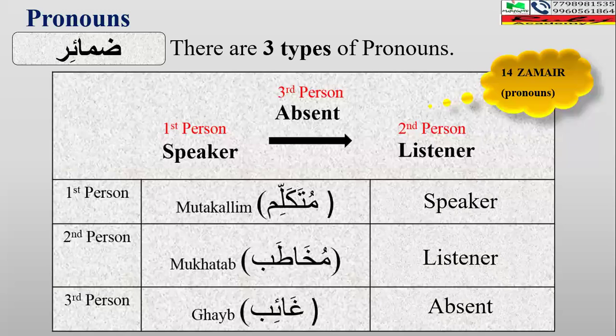In English, you can see that the pronouns are I, we, you, he, she, it, they. So there are 8 pronouns in English language, whereas in Arabic, we have 14. So let's understand these 14 damair.